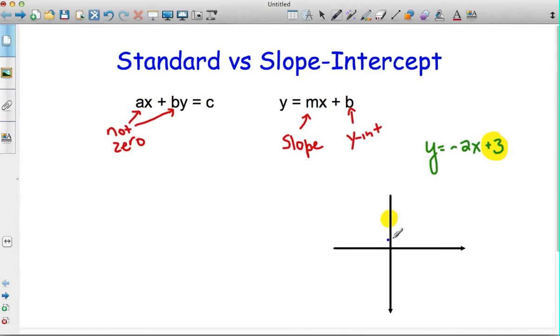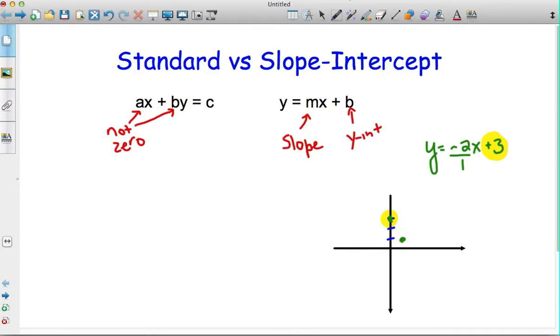Let's go ahead and get some marks on my graph. So let's see, 1, 2, 3. My first point I know is going to be at 0, 3 because of the plus 3. I now know my slope is negative 2. If you want to write that as a fraction, negative 2 over 1 for rise over run, which means I need to go down 2 over 1.